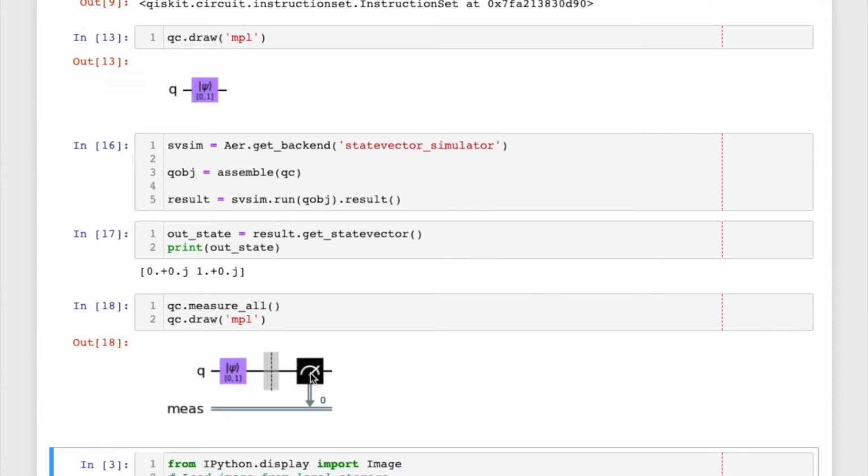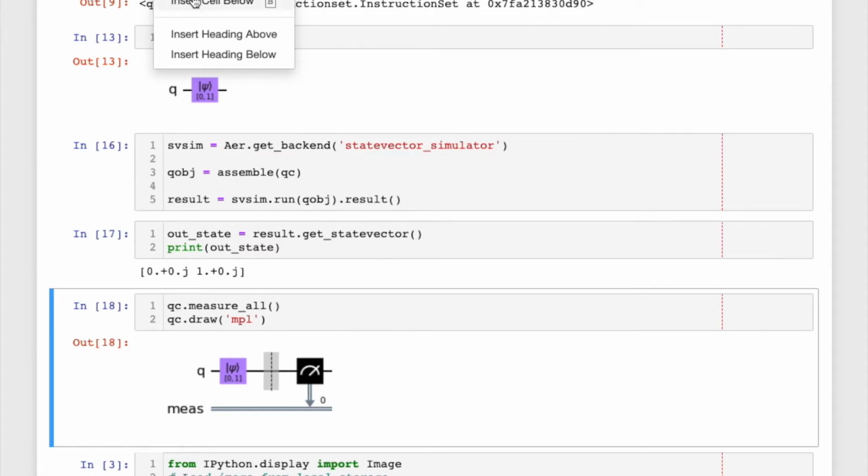The measurement in the end is like projecting the qubit into a classical state, and this is not reversible in quantum terms.